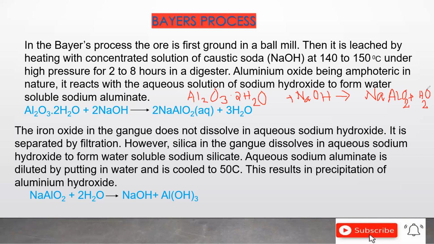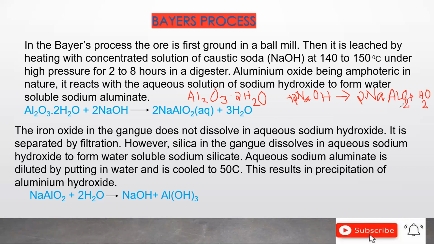After this you have to balance the equation. Here aluminium, 2 atoms are there, so here also 2 should come. I put here 2. Now sodium became 2, so here also 2 should go. Next one is oxygen. Here 3 plus 2, 5, 5 plus 2, 7 atoms are there.